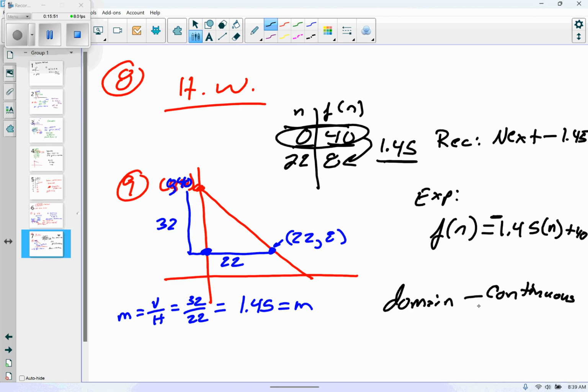So because it's continuous, it's going to be x such that x equals the real numbers. And then I have my equation, and this, we would have had a growth factor of this one of negative 1.45.